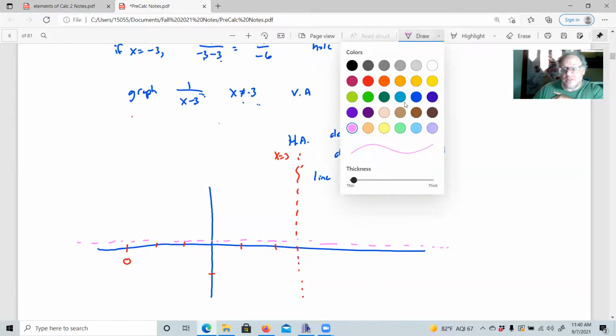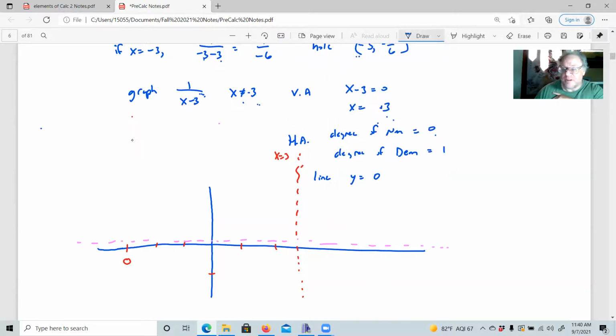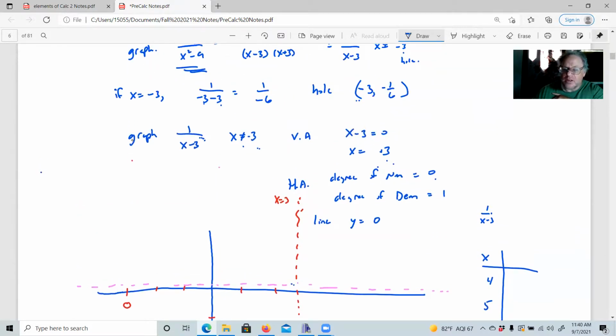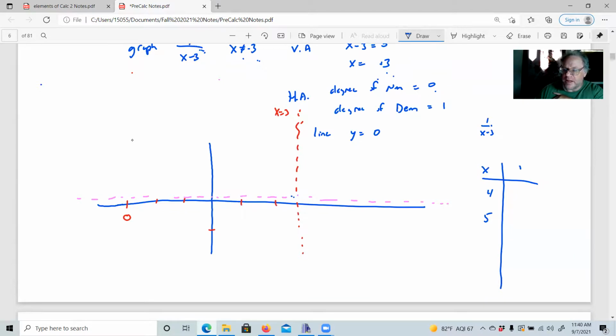Okay. So now we're going to get some points in here, right? So what do we have here? x minus 3, that's our function. Okay. And pick your favorite number that's bigger than 3. So here's x, pick 4 and 5. So this is going to be r. This is 1 over 4 minus 3.